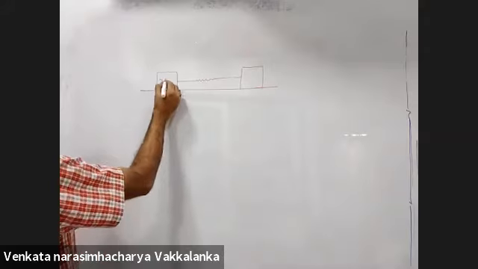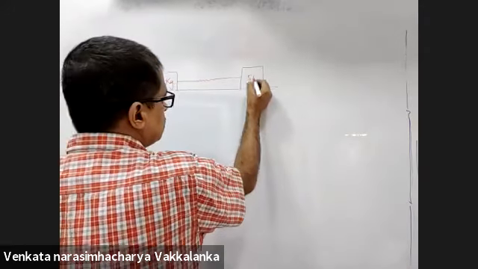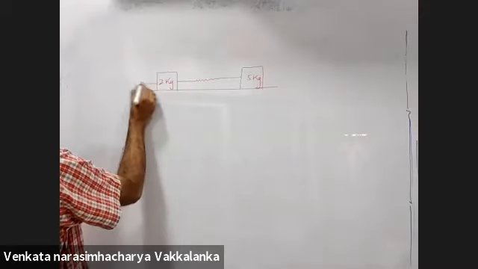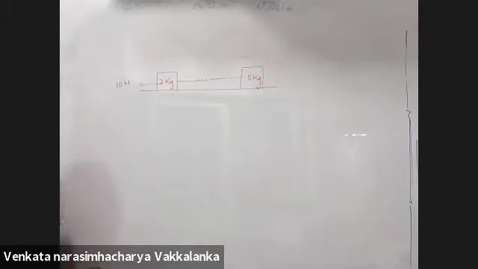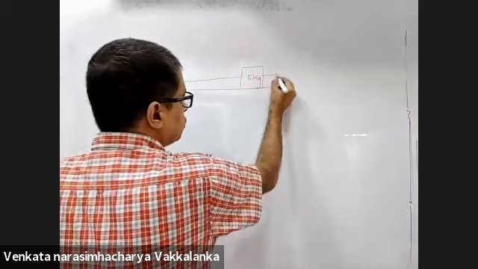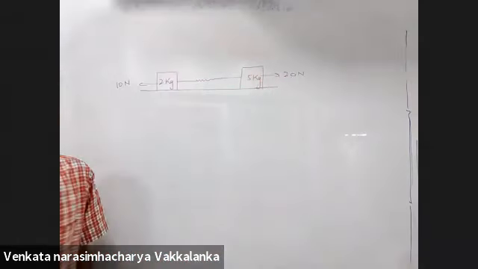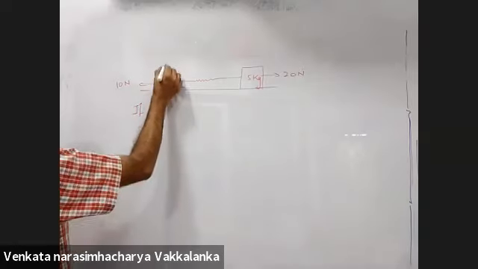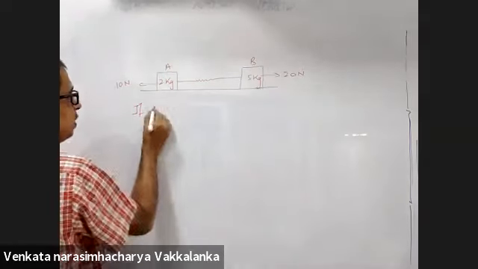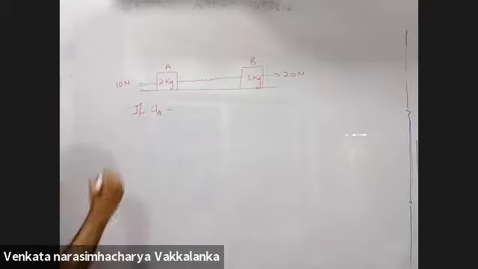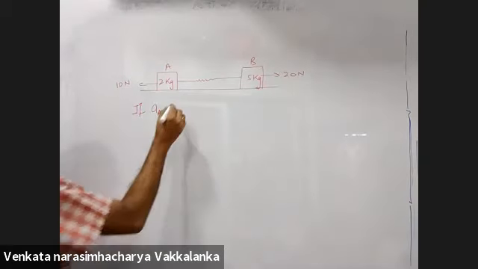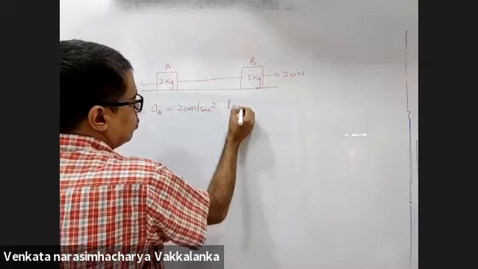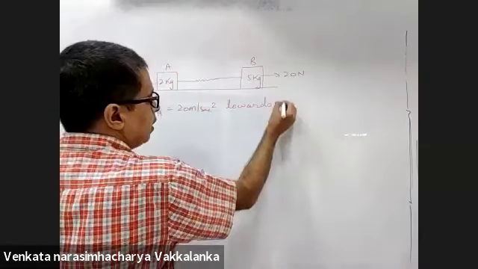This is a 2 kg block. This is a 5 kg block. You applied a force of 10 Newton on this and you applied a force of 20 Newton. If this is A and this is B, acceleration of A is 20 meters per second square towards left.